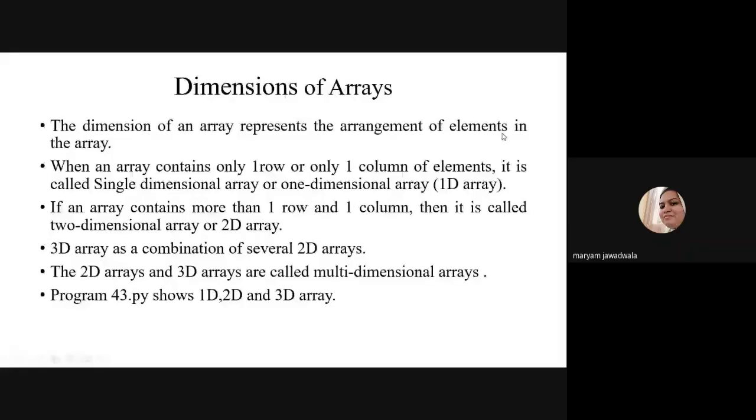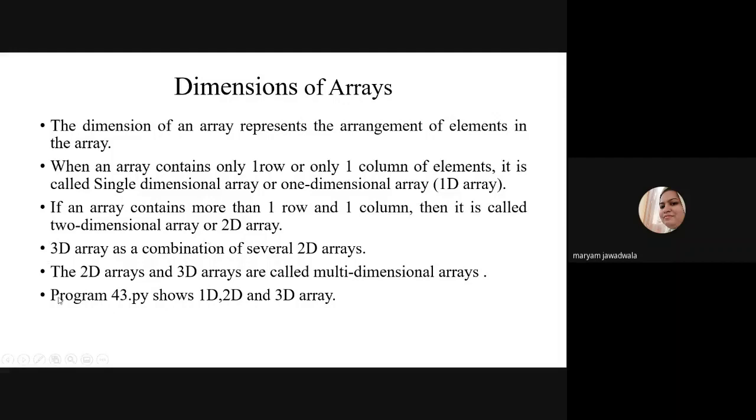Arrangement of elements in the array, right? When an array contains only one row or one column, then it is known as 1D array or one dimensional array, right? And if an array contains more than one row and one column, then it is known as two-dimensional or 2D array, right? And what is 3D array? 3D array is nothing but the combination of several 2D arrays.